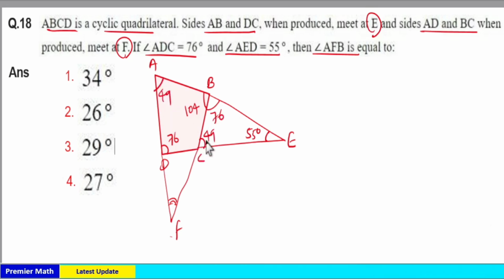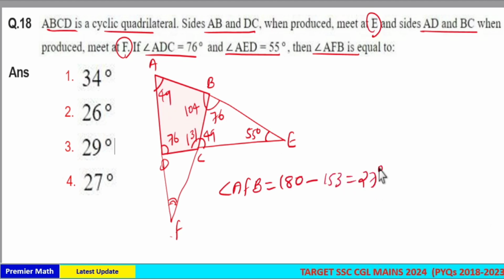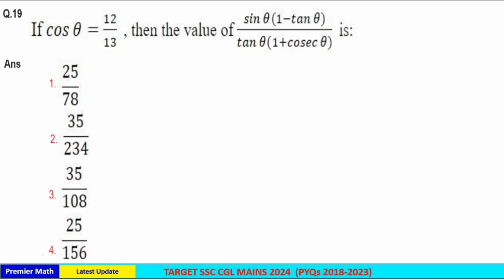That is, if this is 49, this angle is 180 minus 49, which is 131. And the sum of opposite angles in a cyclic quadrilateral is 180, so 131 plus 49 is 180. Now from triangle ABF, angle AFB is equal to 180 minus 49 plus 104, which is 27 degrees. Option 4 is your answer.